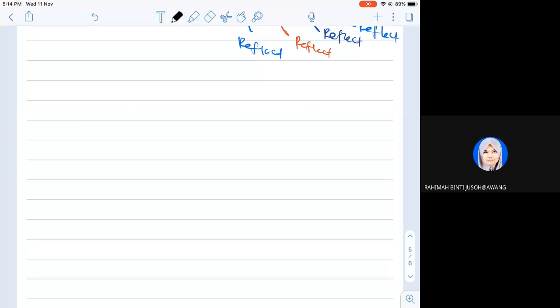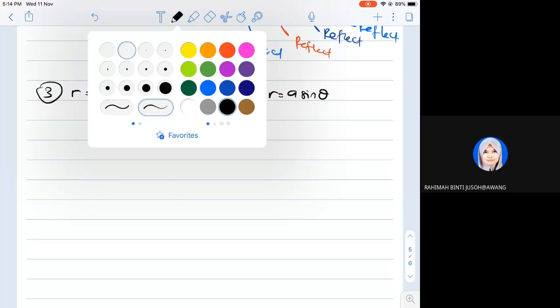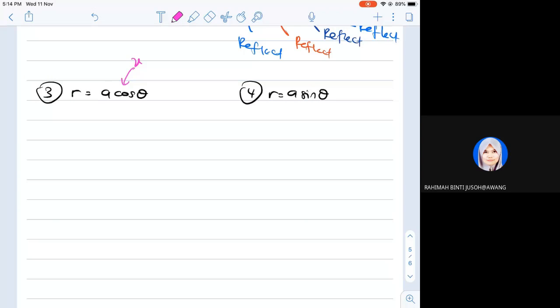Okay, next. Number 3, R equals to A cos theta. And then number 4, R equals to A sin theta. Again, as I mentioned earlier, kalau cos, automatically we think about x-axis. If sin, we think about y-axis. So for example, if I ask you to sketch R equals to 7 cos theta, you have to bear in mind, graf ni adalah graf circle.